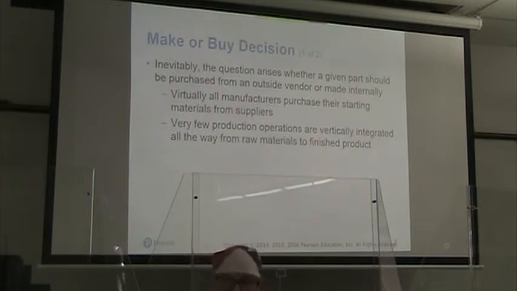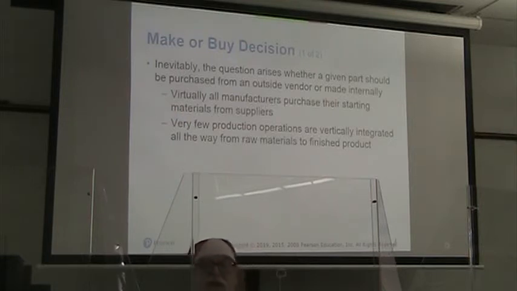All right, well, one of the big questions always when we're talking about process planning is the make or buy decision. When we think about our parts, there are some parts we're going to go ahead and make in-house, and other parts we're going to buy.